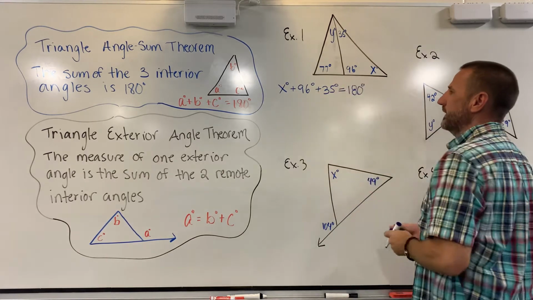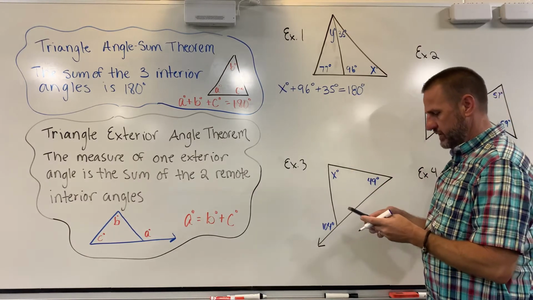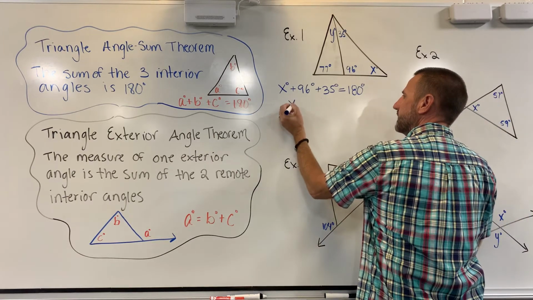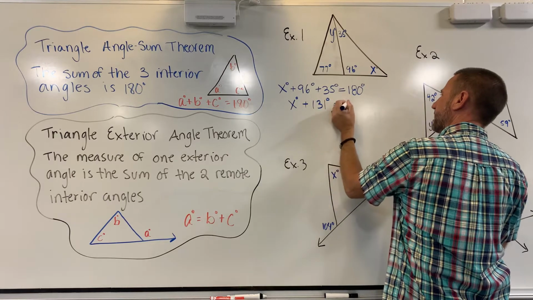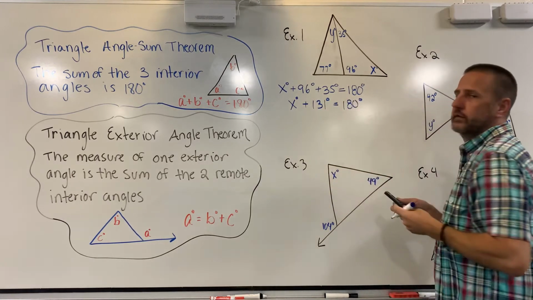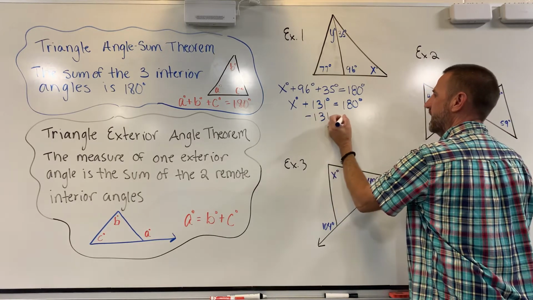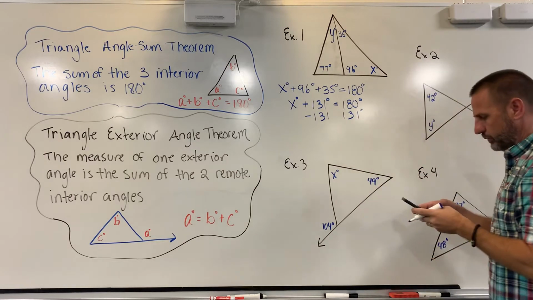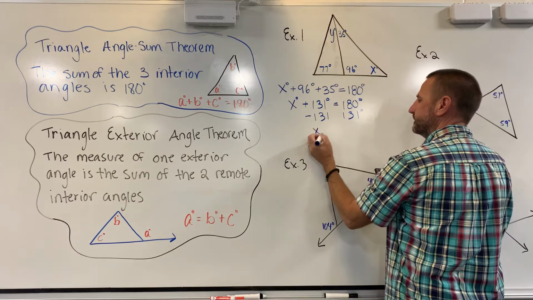Let's collect our like terms: 96 plus 35 gives me x plus 131 degrees equals 180. Let's see, subtract 131 from both sides, and I believe our answer will be 49 degrees.